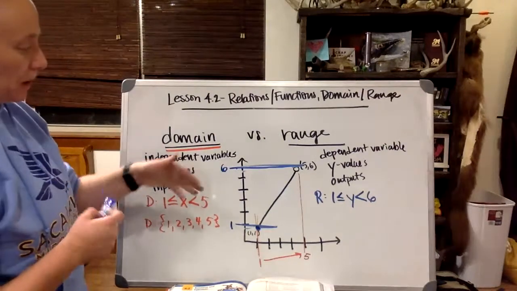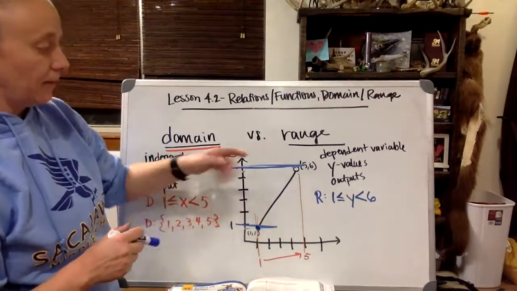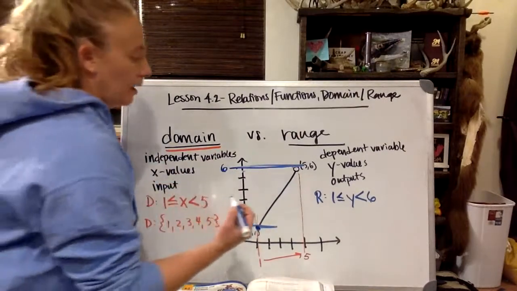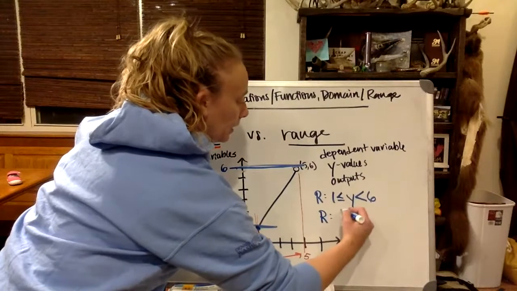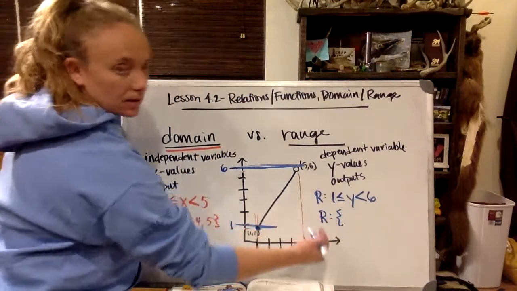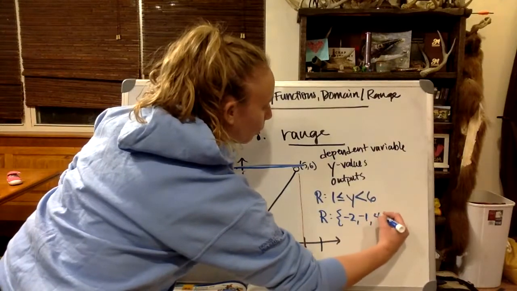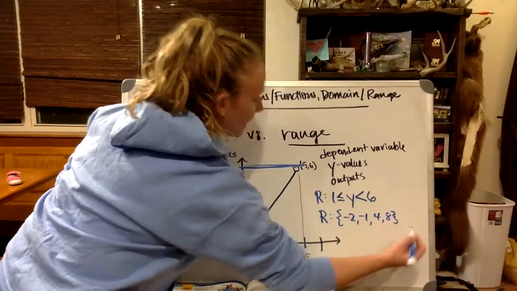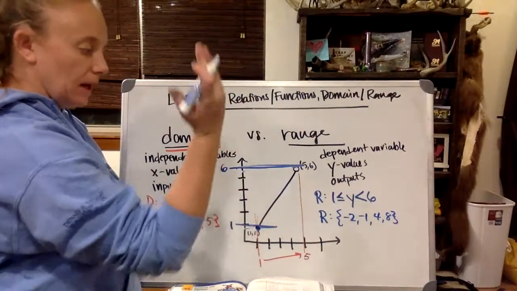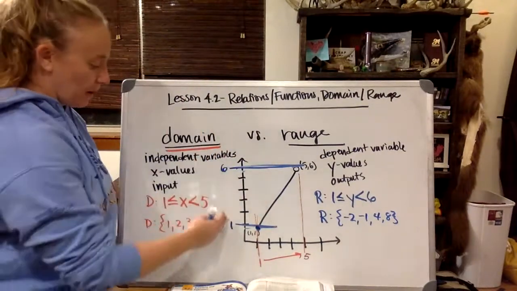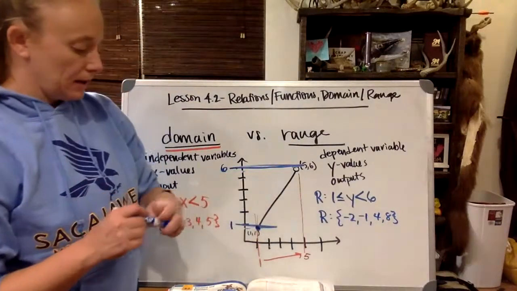Again, if I were talking about range in terms of discrete points, if these were points plotted instead of a continuous line, I would write something like this. Range is brackets, -2, -1, 4, and 8, and bracket. It's not the points in between any of those numbers, but the range values that I would get from some of these points, -2, -1, 4, and 8.